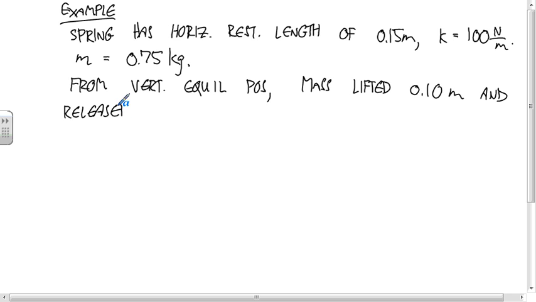So that'll get it oscillating. So first, what's the frequency of the system? Second, what's the fastest speed that the mass reaches?